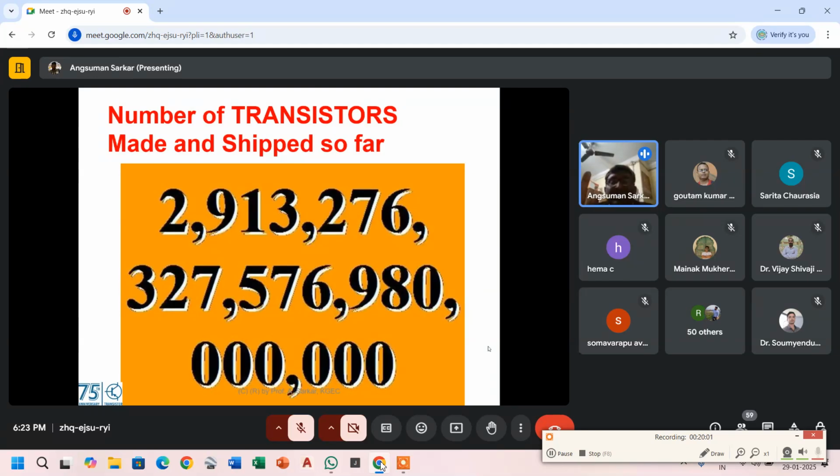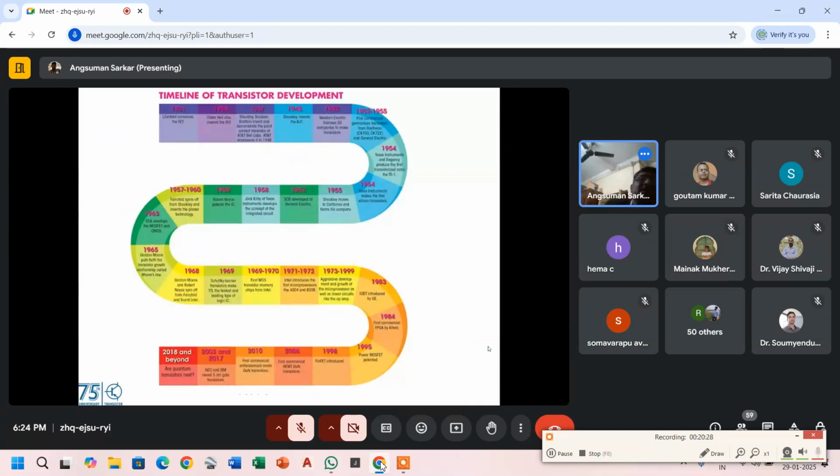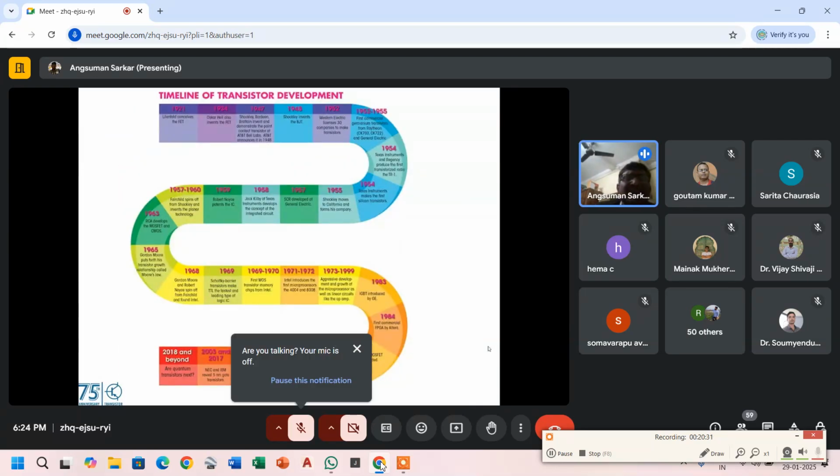It's a huge number, and this is the approximate number of transistors so far made and shipped. There is no competition from any other thing. This is perhaps the largest number. So you can easily say what humans have manufactured in the largest number: the answer is the transistor. So timeline of transistor development, I have already gone through this.